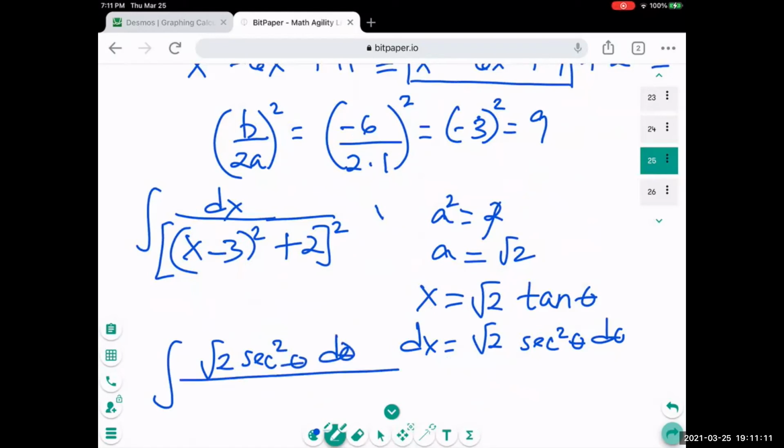And then the one in the denominator, u squared plus 2 squared, would be 4 secant to the 4th theta, right?